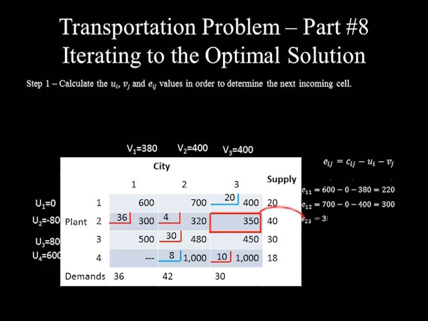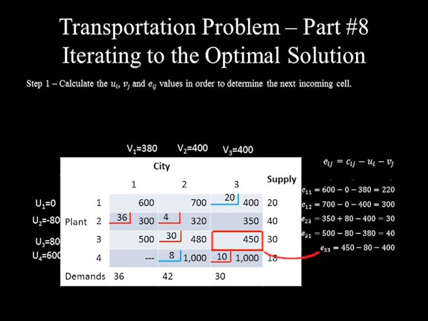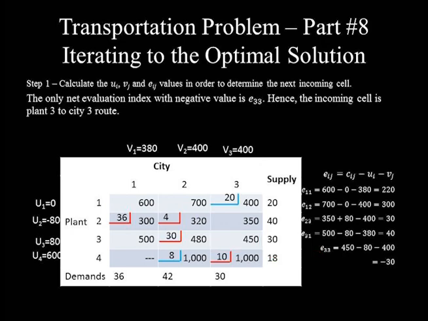E23 is equal to 350 plus 80 minus 400, which gives us 30. E31 is equal to 500 minus 80 minus 380, which gives us 40. And E33 is equal to 450 minus 80 minus 400, which gives us negative 30. The only net evaluation index with negative sign is E33. Hence the incoming cell is the one at the intersection of row 3 and column 3.